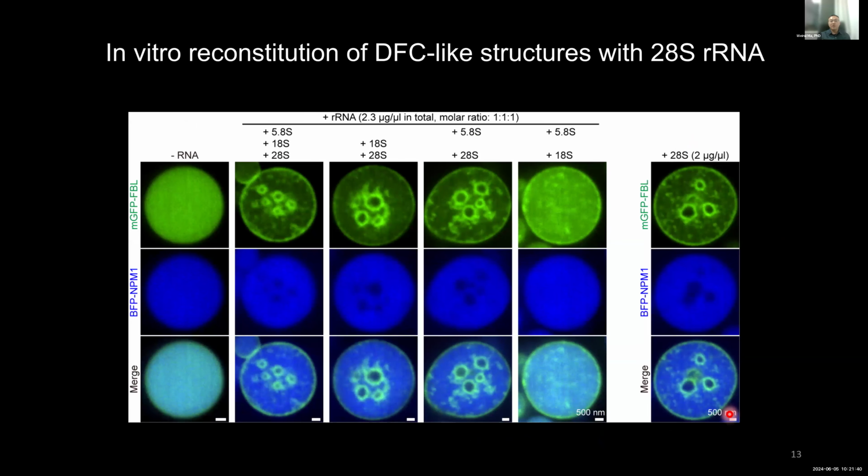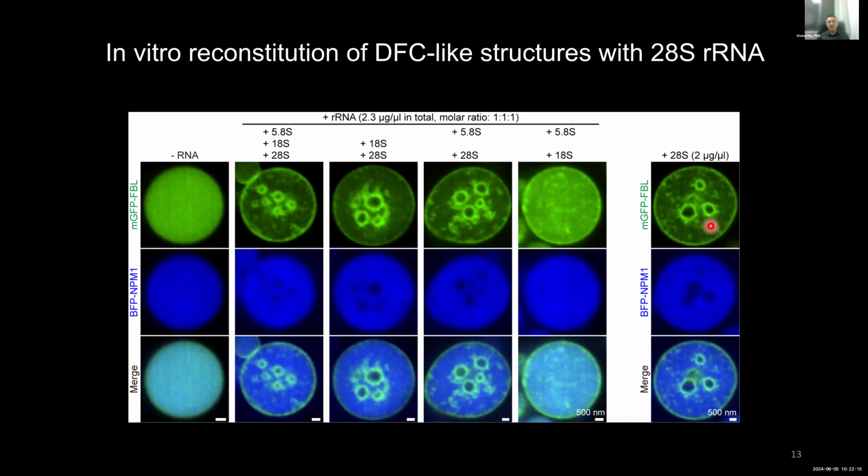Because in our reconstitution we added 3 types of ribosome RNA, we would like to know which one is the most critical. Then we did the combinations. What we found is that only when we remove 28S RNA, those DFC-like structures were not formed, and if we add only 28S without 5.8S and 18S, just 28S alone with FBL and NPM1, the DFC-like structure can be induced.